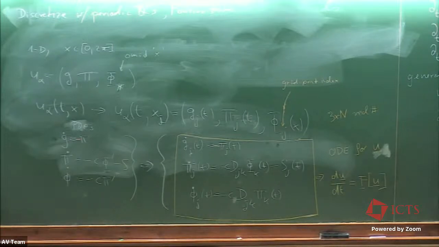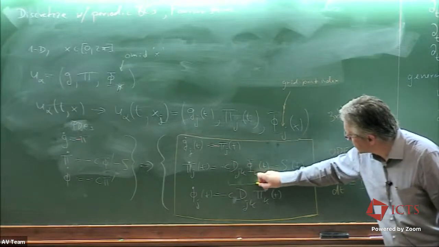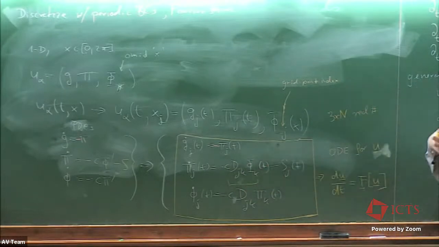By the way, if you had done this with finite difference methods, for instance, this whole setup here on the left-hand side would be utterly identical. And the only difference, if you had done finite differences, is that for these derivatives, you would have put in your finite difference stencils.